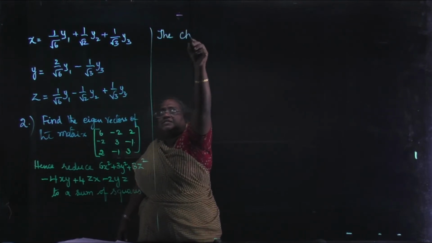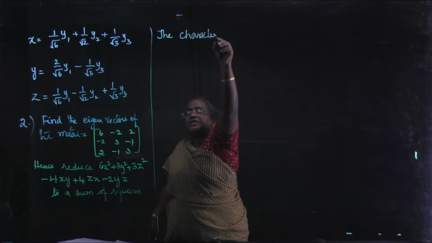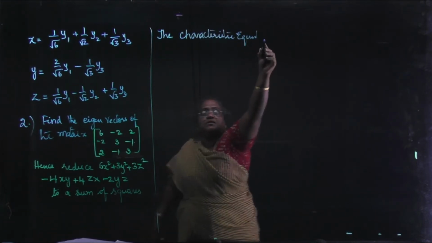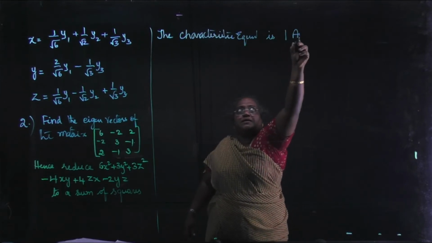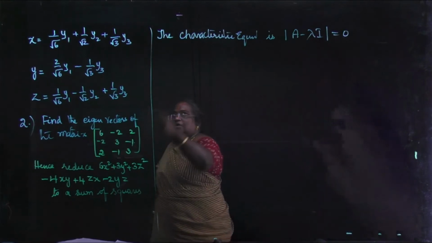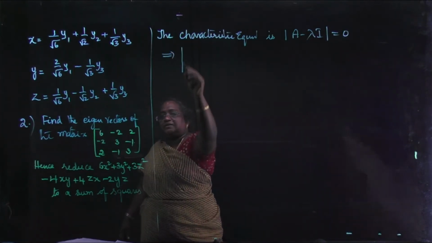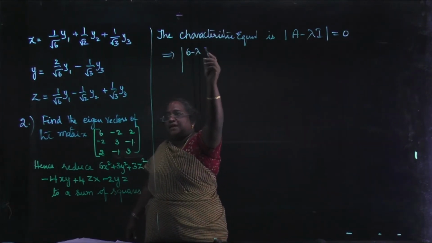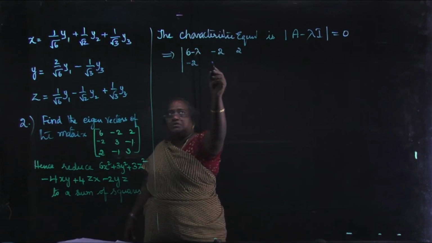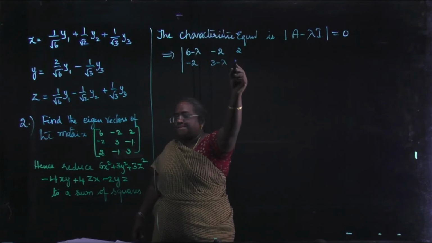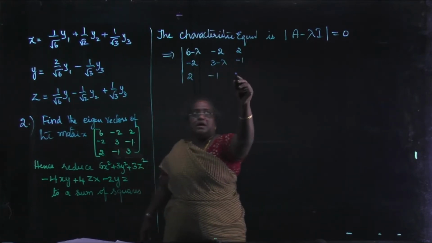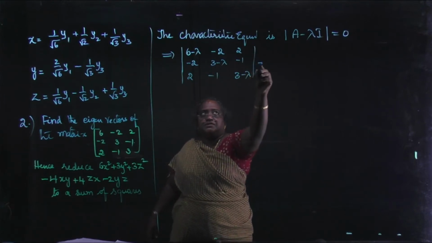The characteristic equation is that determinant of A minus lambda I is equal to 0. So now we know what is the determinant here. Determinant of 6 minus lambda, minus 2, 2; minus 2, 3 minus lambda, minus 1; 2, minus 1 and 3 minus lambda is equal to 0.